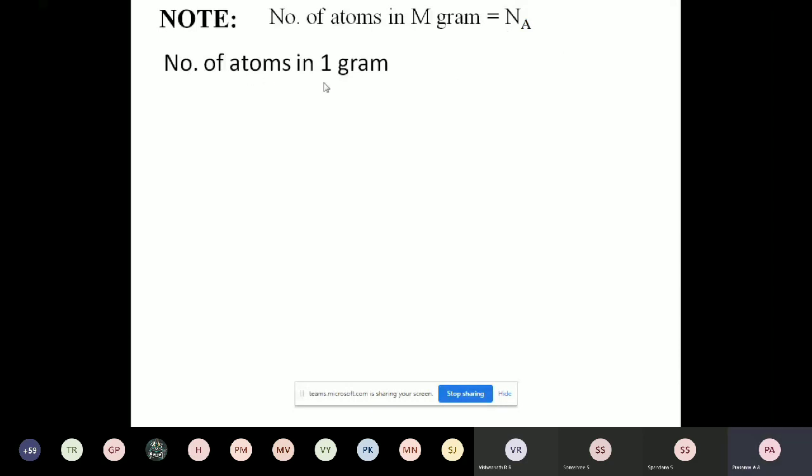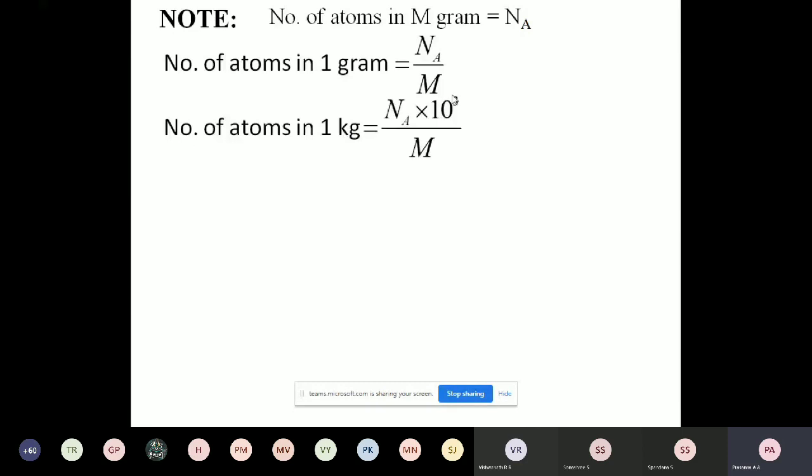And the number of atoms in 1 gram is therefore Na divided by M. If you need the number of atoms in 1 gram, you have to divide the Avogadro number by the molecular weight. And the number of atoms in 1 kilogram, since this is in gram, now I am taking 1 kilogram. Kilo means 10^3, therefore just 10^3 is multiplied.